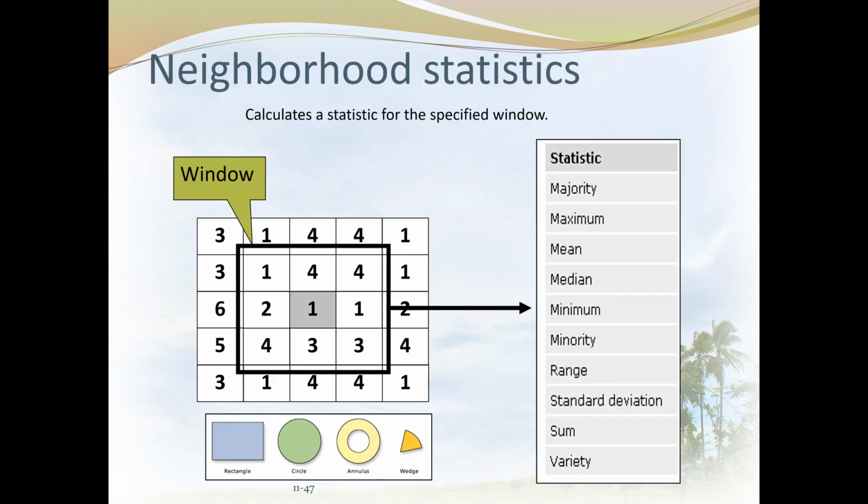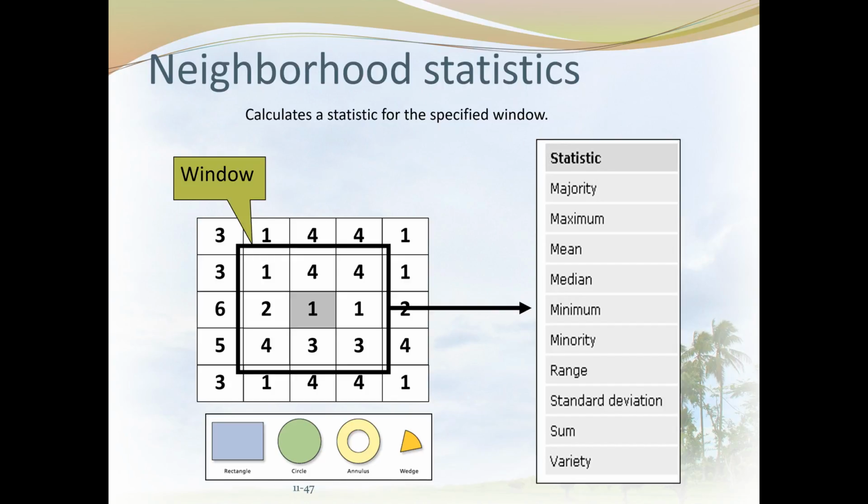Okay, so the neighborhood statistics. So neighborhoods, this is a window. We use 3 times 3. You could do 5 times 5. So the neighborhood function operates on an area of specific size and shape around a cell known as a neighborhood. So a moving window passes over the raster and calculates a statistic from all the cells in the neighborhood, records the result, and moves on.